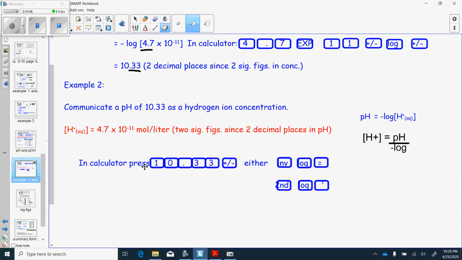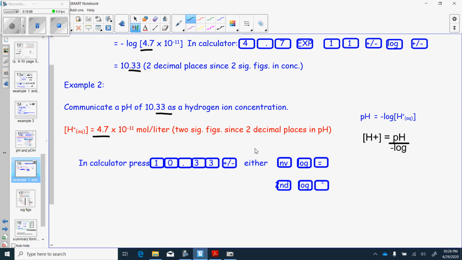Reason why, here, right, it's a pH, so I only count the digits after. So there's 2 sig figs here. So when I come up with my concentration, I need 2 sig figs here. Okay? So that's how I put it into my calculator.